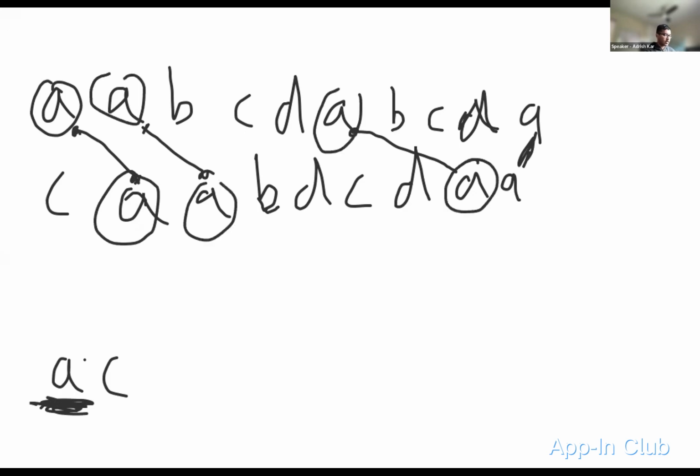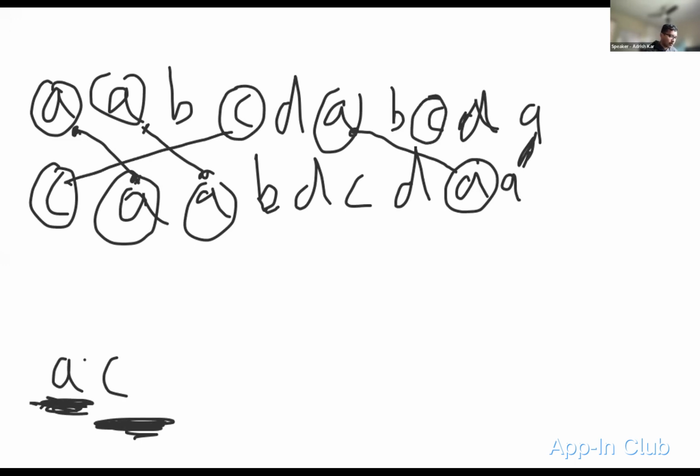And so I noticed that if we take the second letter and do the same thing, with the first occurrence of C in the first string connected to the first occurrence in the second string, we can see that this subset fails because these lines intersect.